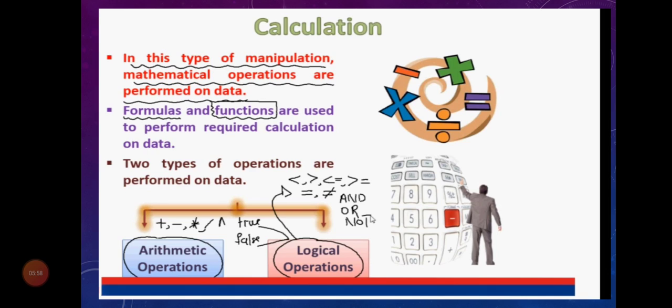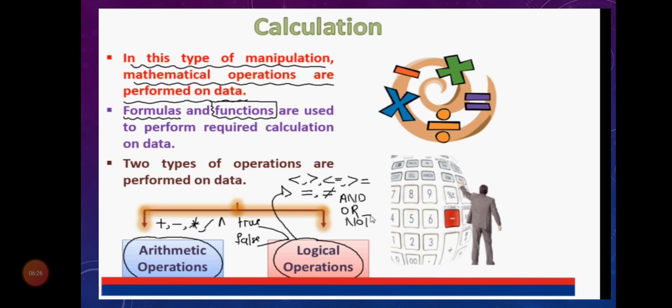Formulas and functions are used to perform the required calculation on the data, and two types of operations are performed on the data: arithmetic operations and logical operations. Students, arithmetic operations are related to your mathematics work, like plus, minus, division, subtraction, addition, and so on.